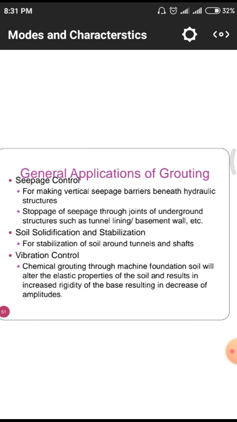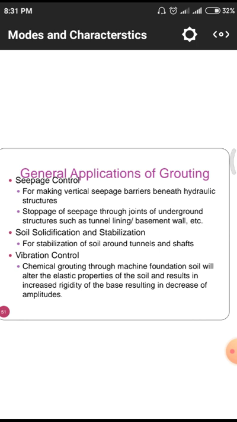Next one is soil solidification and stabilization. Normally solidification means the liquid matter we have needs to be converted into solid matter by the action of chemical contents, and some stabilizers in the form of chemicals we have to utilize.